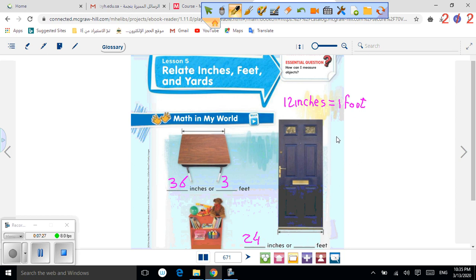So our problem now is to find how many 12s in 24, to know how many feet in 24 inches. Yes, exactly. 24 equals what? 12 plus 12. So 24 has two 12s. So 24 inches is the same as 2 feet.